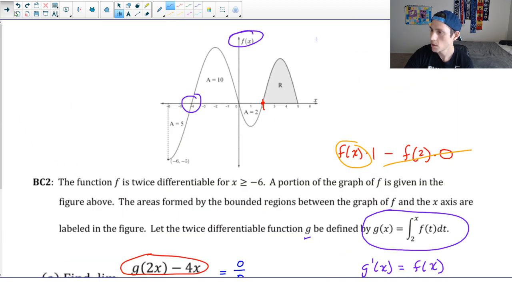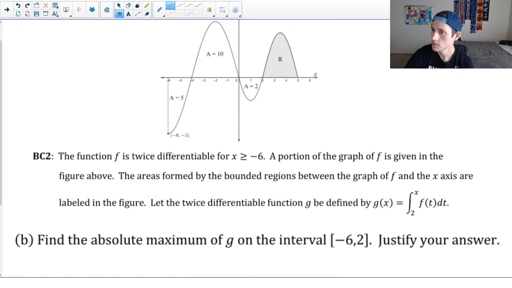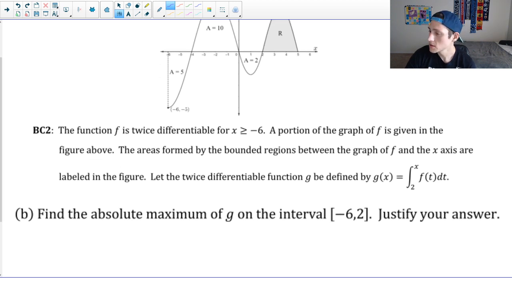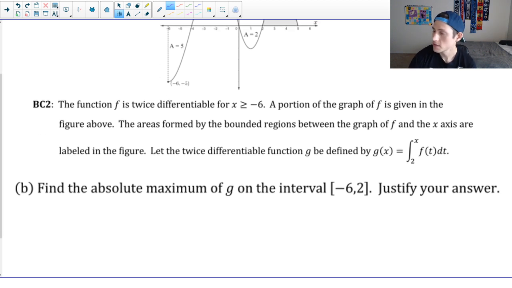All right, part B. Find the absolute maximum of g on the interval -6 to +2. Justify your answer. Absolute maximum on the interval.